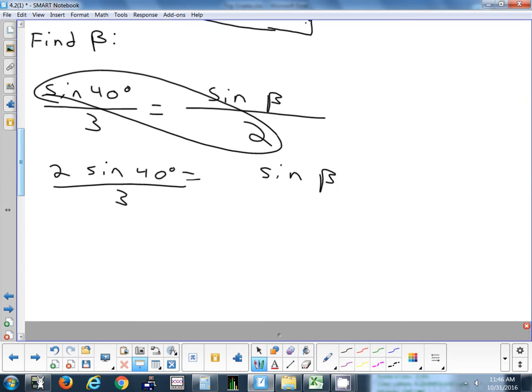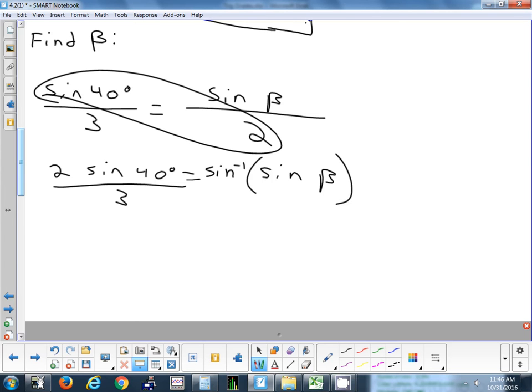Anybody remember what you can do to get rid of a function? It's kind of like if you had squaring and you wanted to get rid of squaring. You need another function that cancels out the one you want to get rid of. Yeah? Okay, good guess, but sine and cosine don't cancel out. Inverse sine.